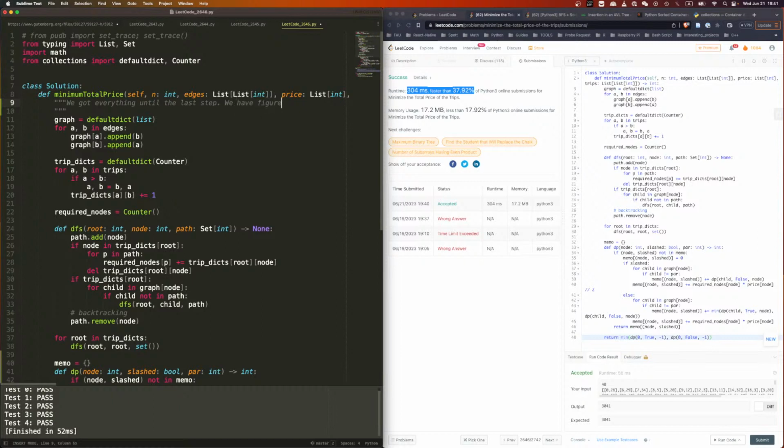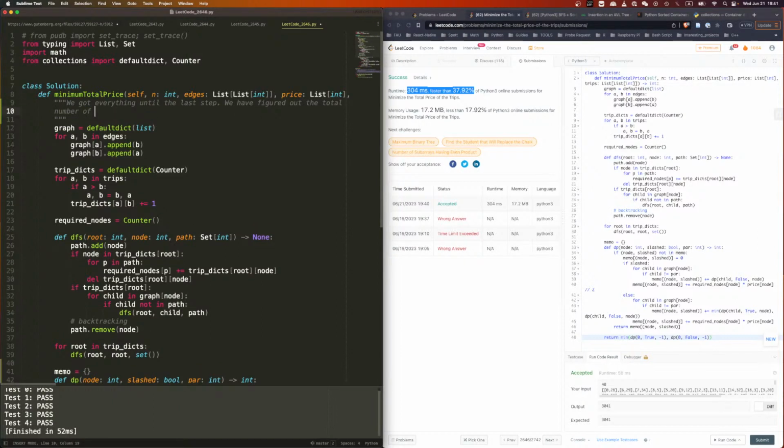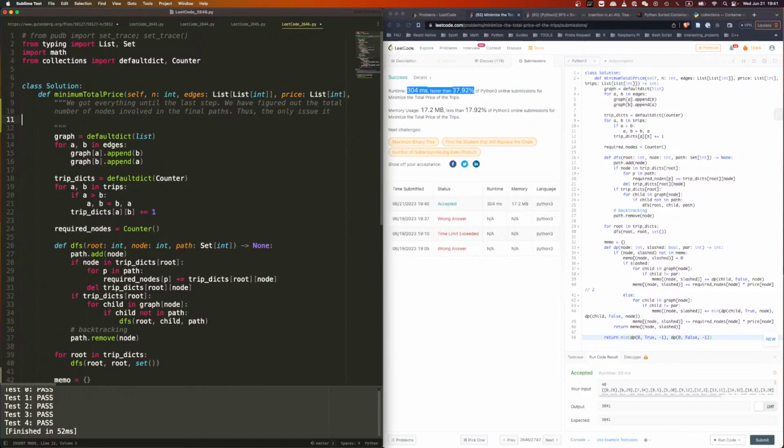We have figured out the total number of nodes involved in the final pass. Thus, the only issue is which nodes to slash in half and which not.